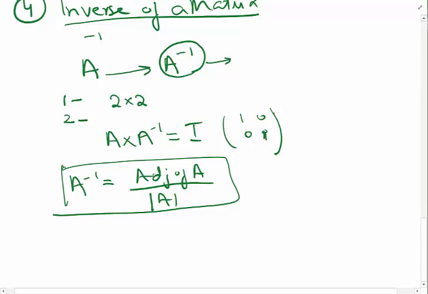One is adjoint of A, which is itself a matrix, and the other is determinant of matrix A, which is called the magnitude of a matrix or the scalar quantity of a matrix. In step 1, we need to find the determinant or magnitude of a matrix.